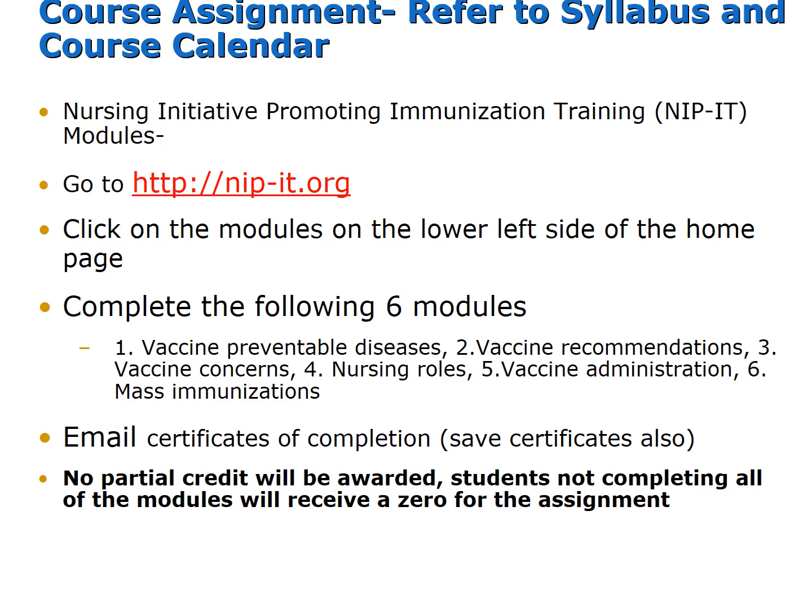It's referred to as the Nursing Initiative Promoting Immunization Training, with a catchy name, NIPIT. There are 6 modules, so you need to refer to your syllabus and the course calendar for the dates of when this is due.